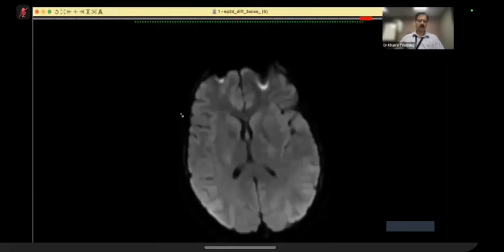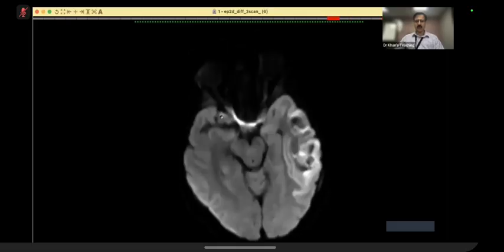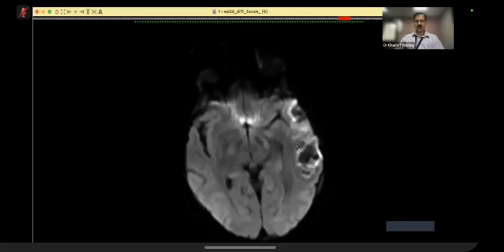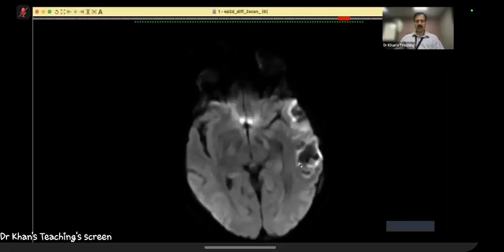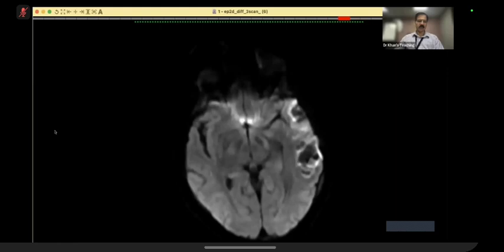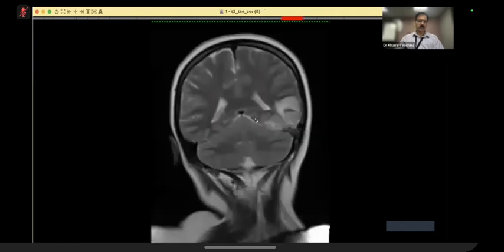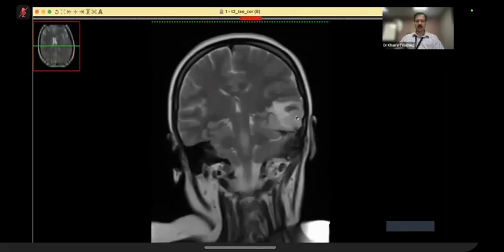Then you asked for a diffusion weighted sequence, and on diffusion you did very well, where you said that the central areas are not showing restricted diffusion and the rest of them are showing restricted diffusion. Here again, your mind should have gone into this: is there some hemorrhage there? Now I showed you a T2, and on this T2 you can see slightly low signal.